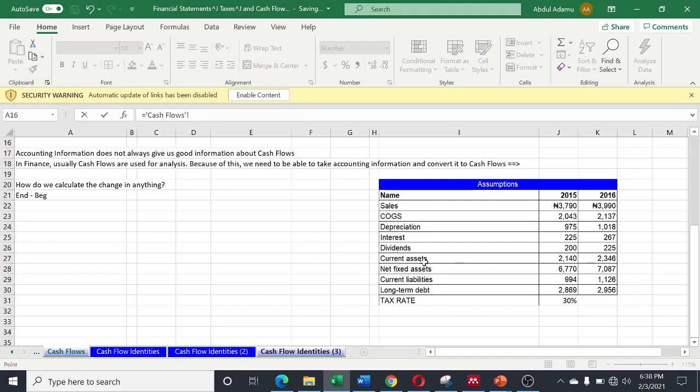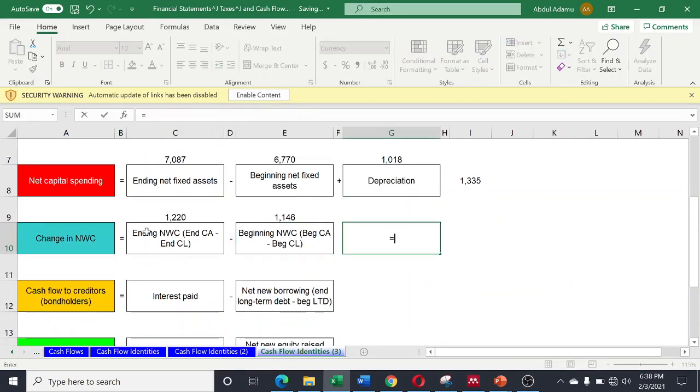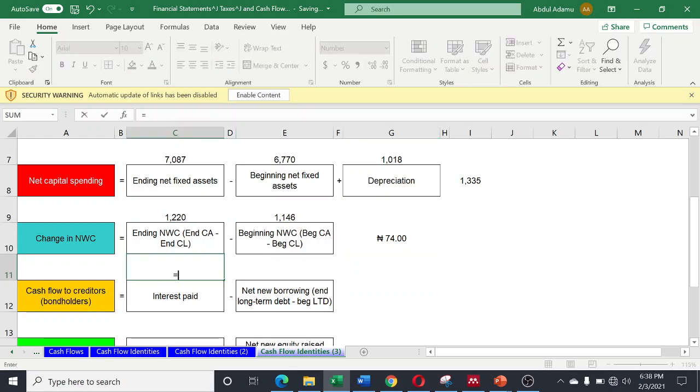Beginning current asset is this minus beginning current liability. That is the value. So this is equals to, we have this minus this. That is the answer.